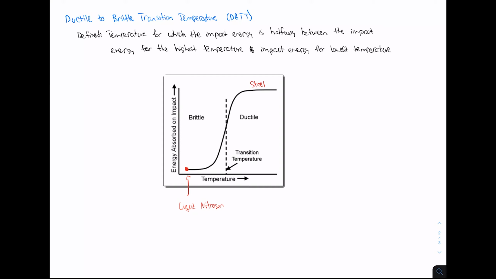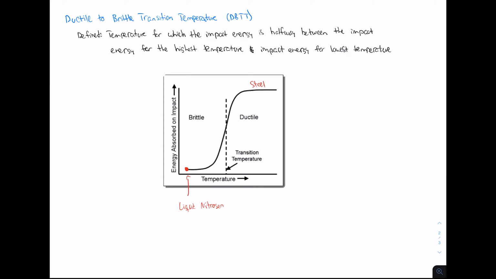And like we talked about earlier on, for steel at cold temperatures, it's going to behave in a brittle fashion. Because of this, at this low temperature, as we can see on this axis, it's going to be at a low impact energy. It's not going to be able to absorb much energy at fracture. And we can see on this axis right here that it's quite low.